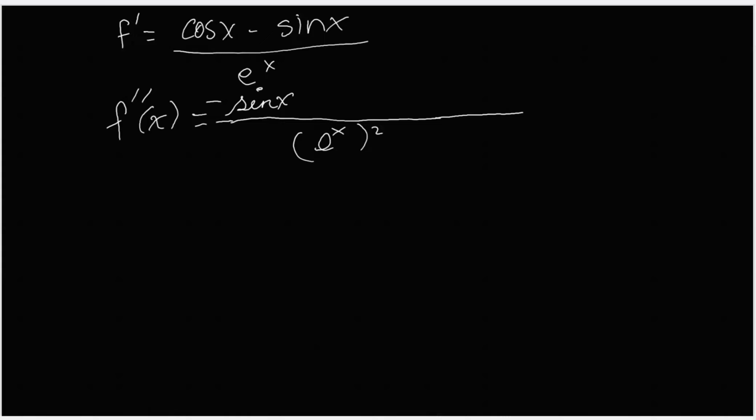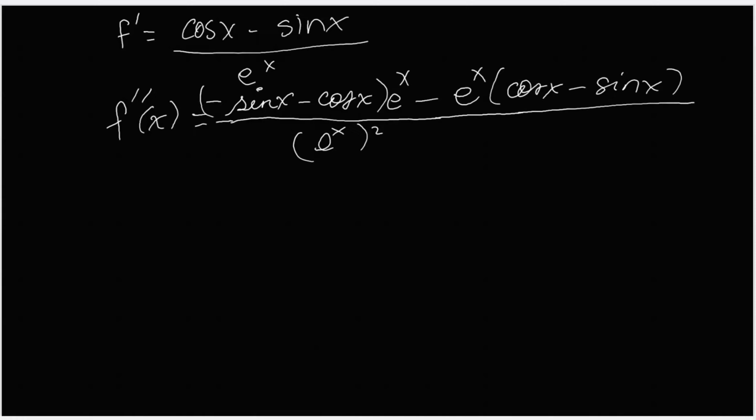The derivative of sine x is cosine x, so minus cosine x, multiplied by e to the x, minus the derivative of e to the x, which is e to the x, multiplied by cosine x minus sine x. Okay, so that is the quotient rule.